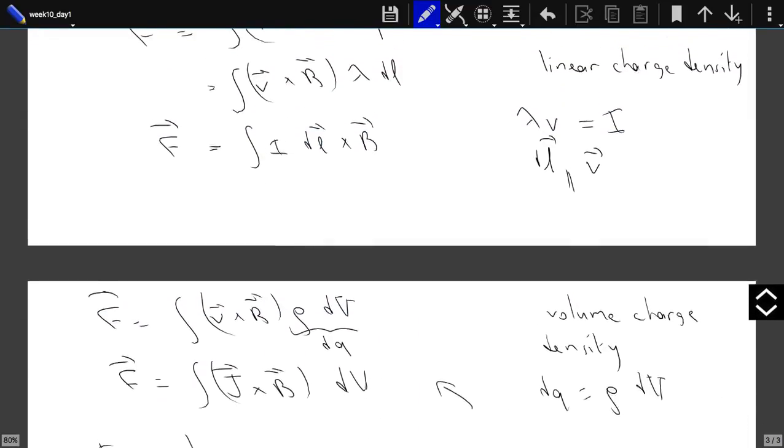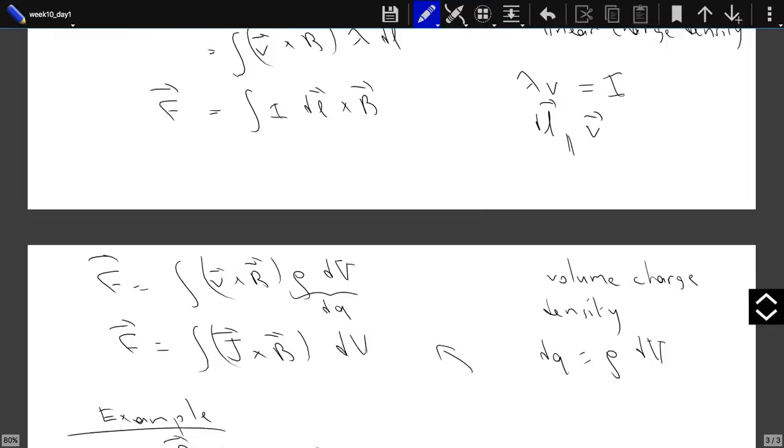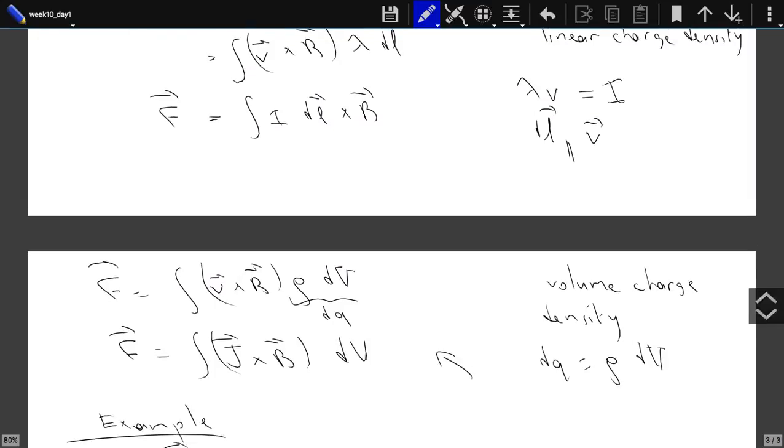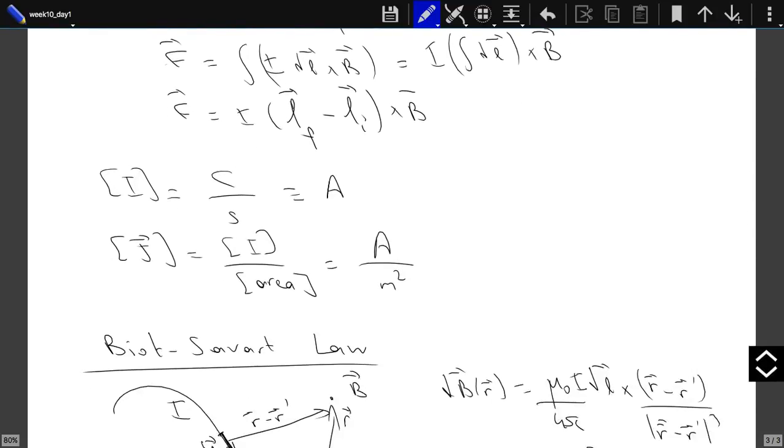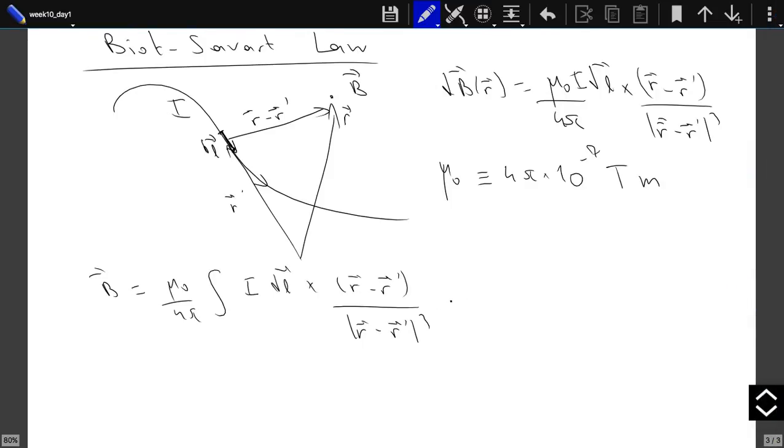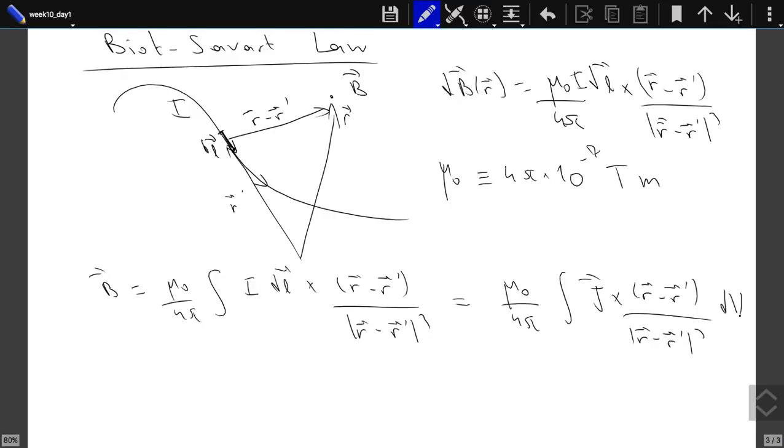Or, for a linear charge density, we have I times dl, which becomes, for a volume charge density, just J times dV. You can just make that replacement. And this law you can also write as mu0 over 4 pi, J cross r minus r prime divided by r minus r prime cubed, integrated over the volume.